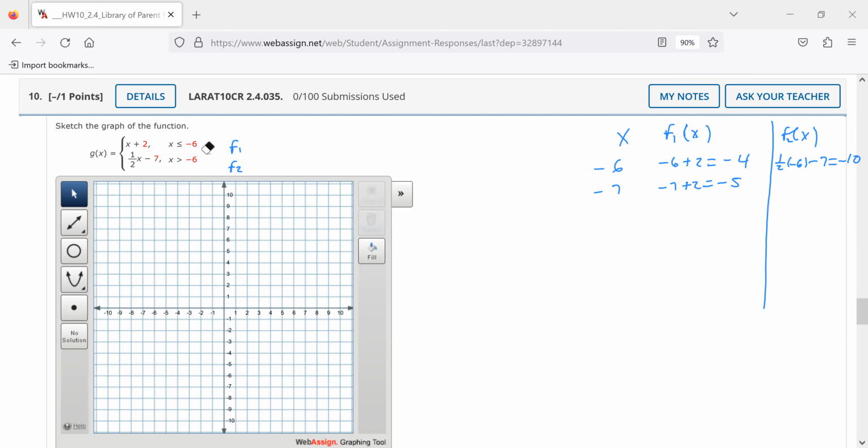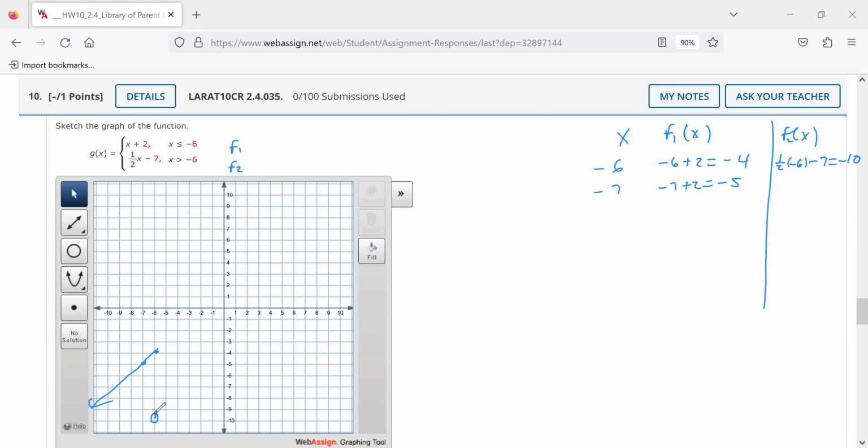So we said for the first one, -6, -4, -7, -5. The other one was -6, -10. So we have an open circle because it's not defined there.